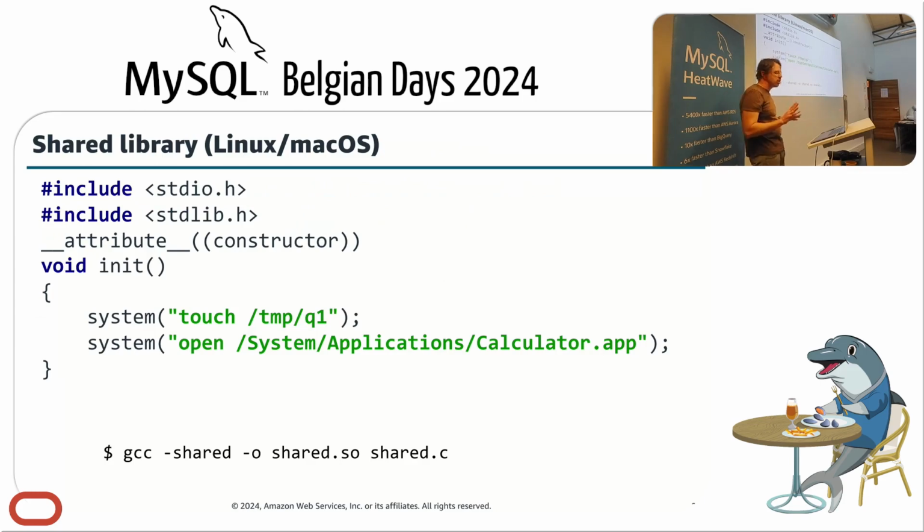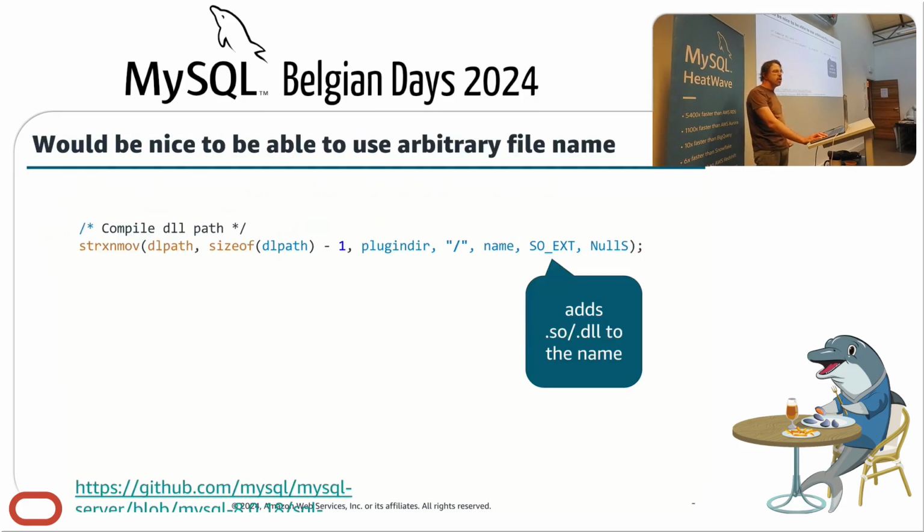It's just how many lines? 2 lines, right? 5 lines, 6 lines of code. And then you compile it as a shared library. And then what I do here is I create a file, and then I open a calculator on my Mac. So this is step 2. That's super easy.